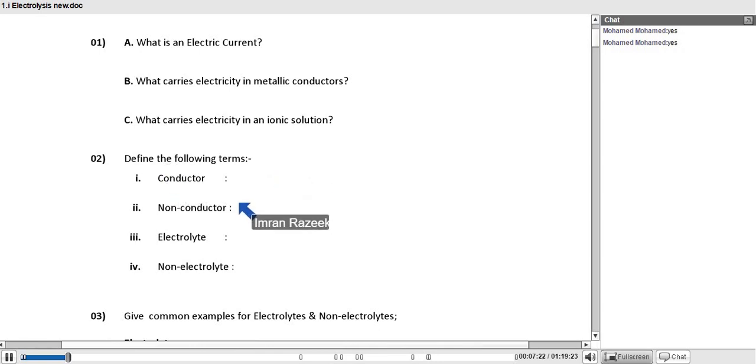Non-conductors: a substance which does not carry electric current due to the absence of free mobile electrons.